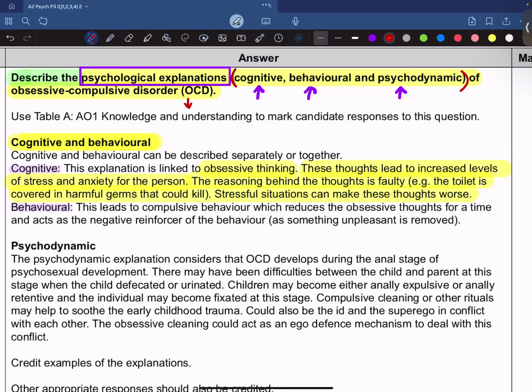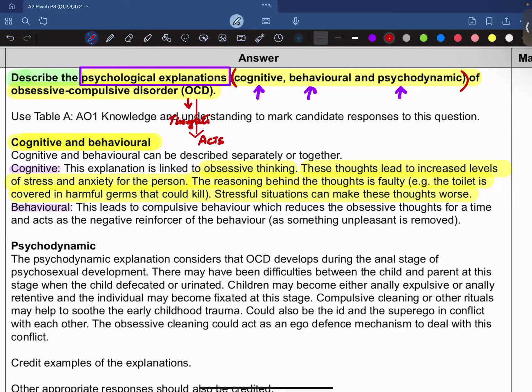The O part over here has to do with obsessions, and your obsessions have to do with your thoughts. I'd like to assume you all are aware of this, but I just took this opportunity to help you revise this. Whereas when we talk about compulsions, compulsions are those acts that you're involved in to be able to neutralize those obsessive thoughts, right?